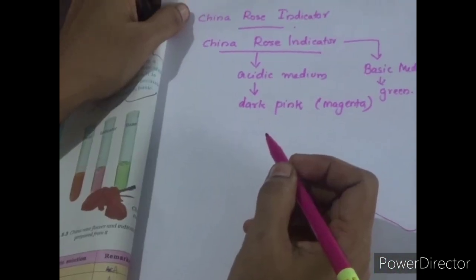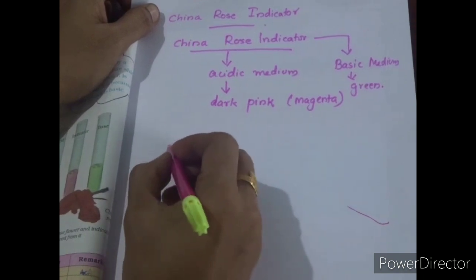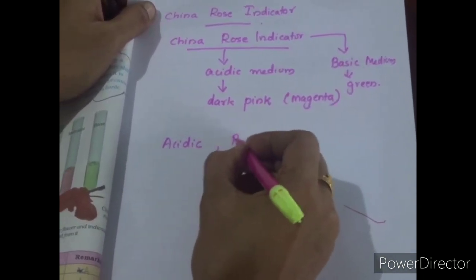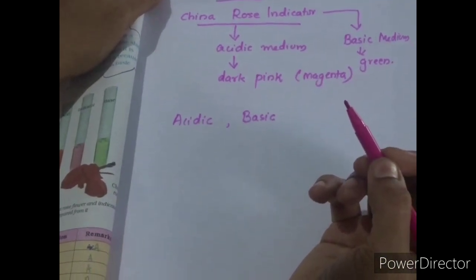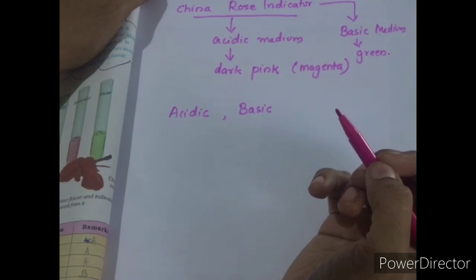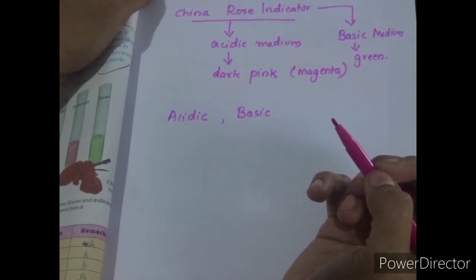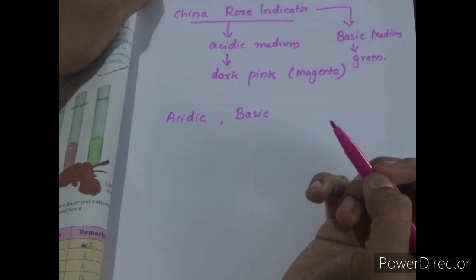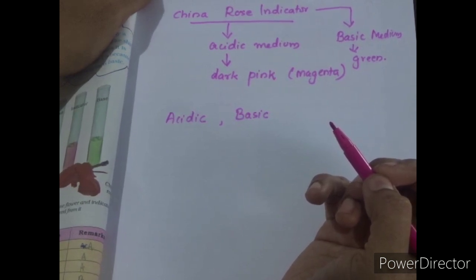Now we know that there can be two types of solutions. They can be either acidic or basic. Doesn't mean that all the substances that occur in nature are either acidic or basic. There can be certain other substances which are neither acidic nor basic, or they do not show any color change in red litmus or blue litmus.